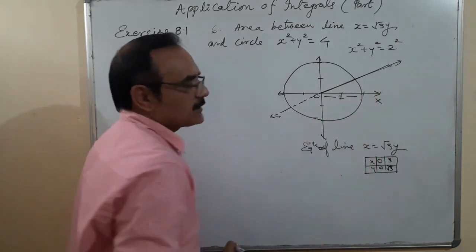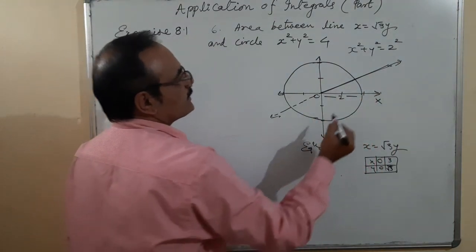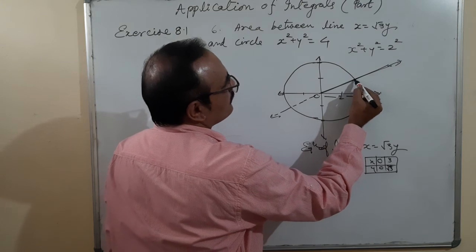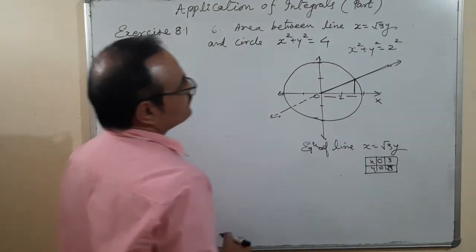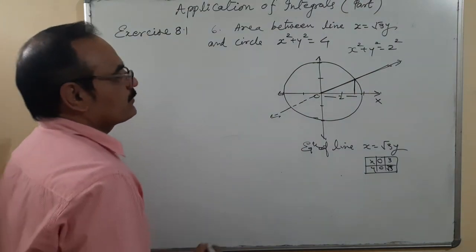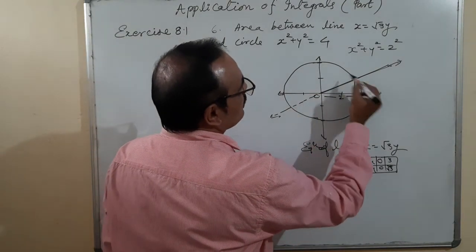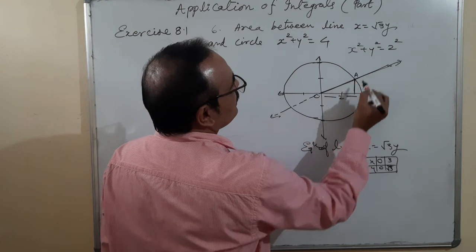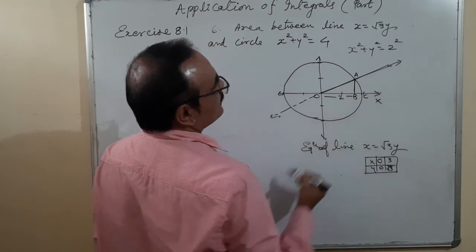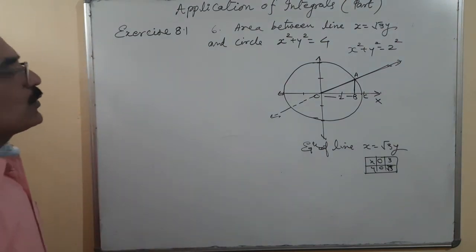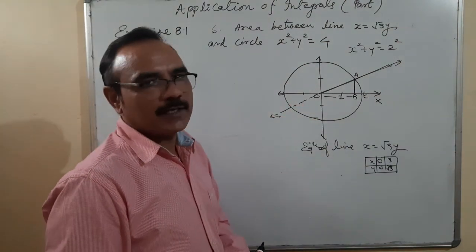But one thing is clear, that it will intersect at this point. Now let us see which point this is. We'll call this O, this is A, B, and it is C. We don't know what this point A is.